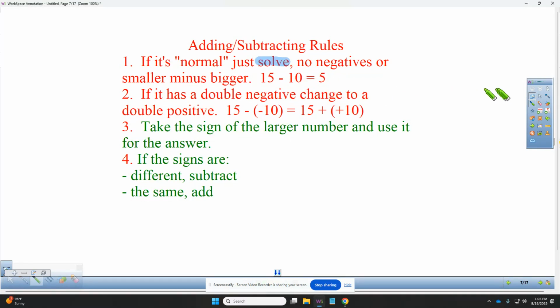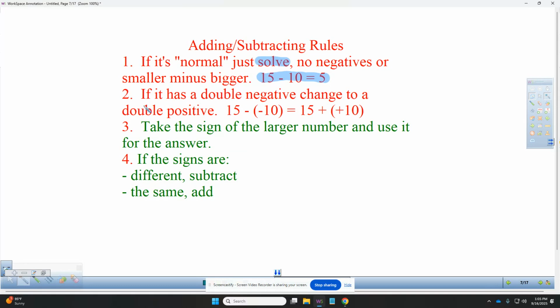And by normal, we basically mean that there's no negatives or that the smaller number is subtracting the bigger number. So a quote-unquote normal problem would be 15 minus 10 equals 5, where there's no negatives and the first number is larger than the second number.